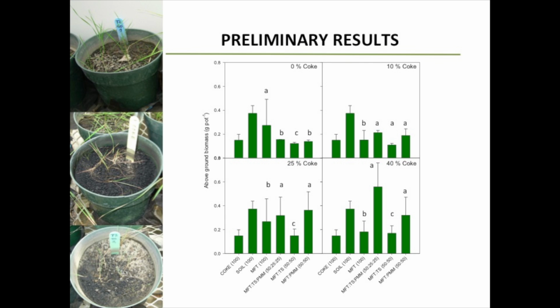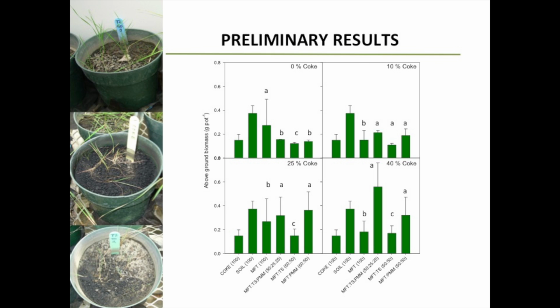For above ground biomass, we show here in the y-axis, and on the x-axis we have all the treatments. So again, the best treatments were those that have in the mix peat mineral mix or organic matter.